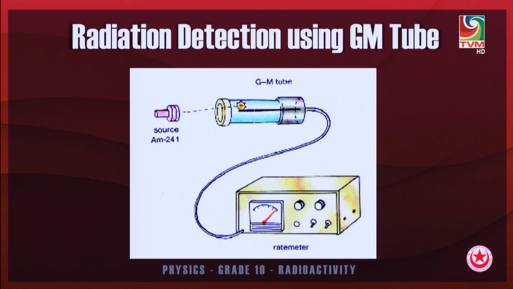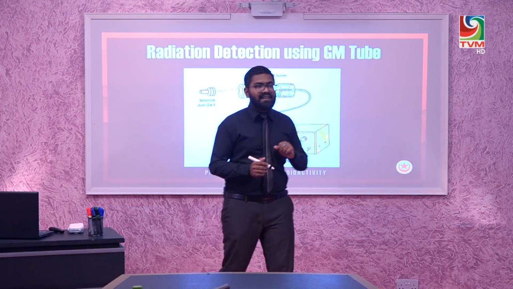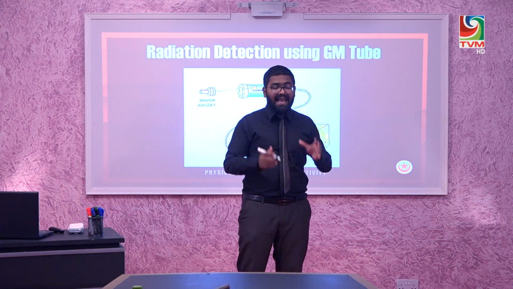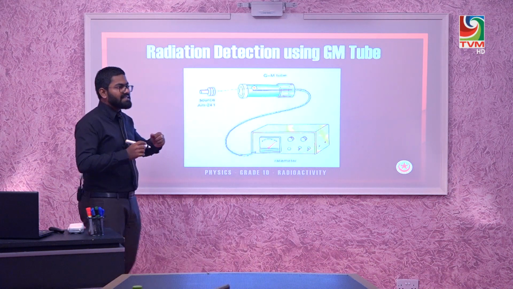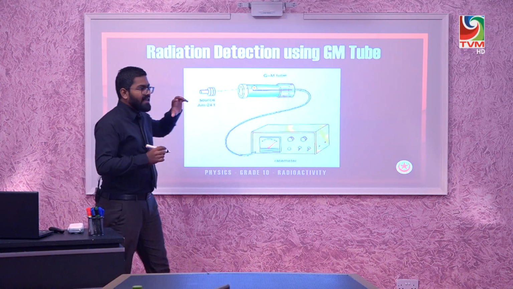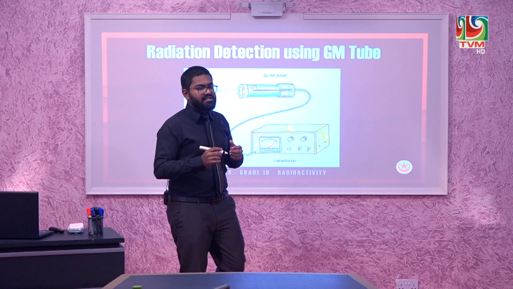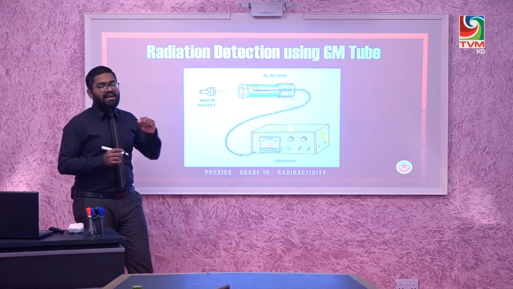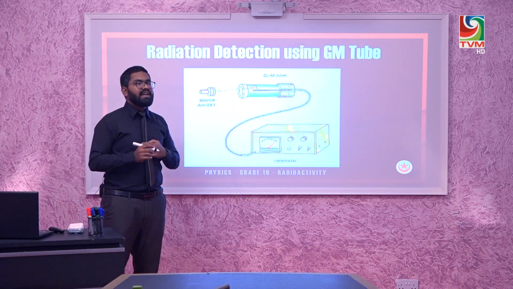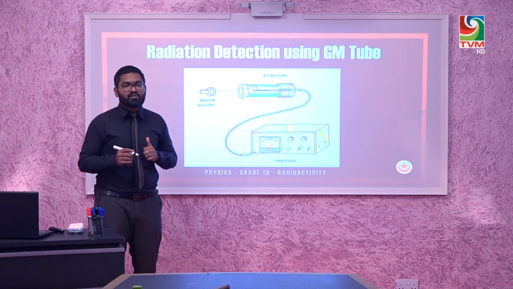In the first step, we need to identify the level of background radiation in the given location. So first we need to identify the background radiation. That should be the first one.